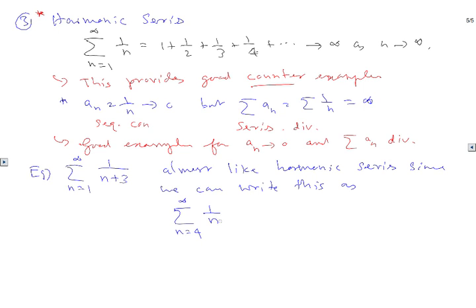And then how do we prove that this series diverges?